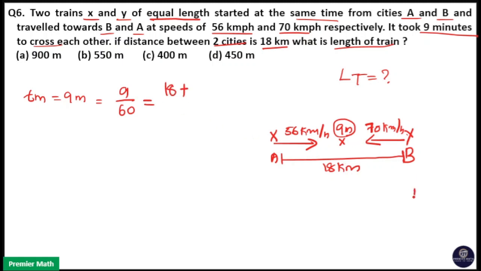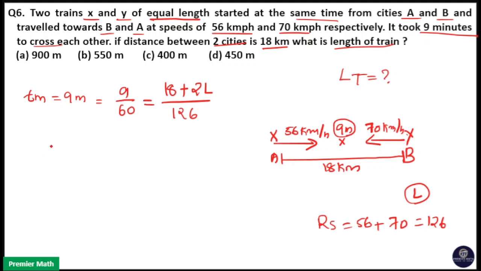If I take train length as L, both the trains have total length 2L, divided by relative speed. Relative speed is equal to 56 plus 70, that is 126 km per hour.